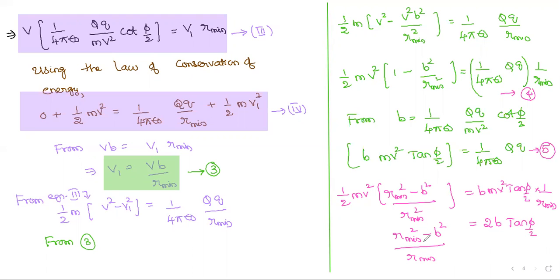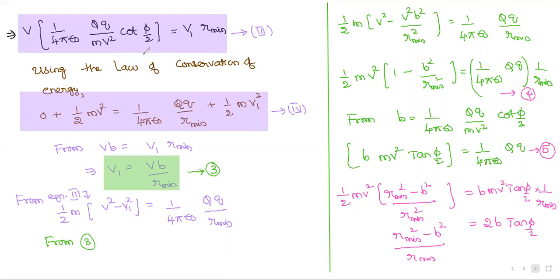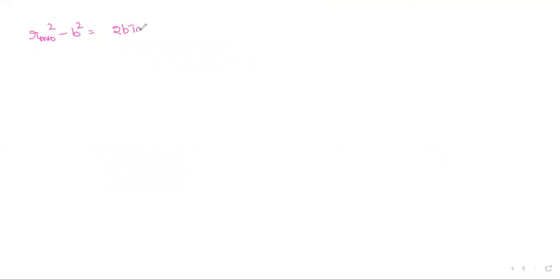So if you cross multiply and rearrange, you will get one quadratic equation for r minimum. So you will get here r minimum square minus b square equals 2b into tan phi by 2 into, if you take cross multiplication, r minimum over here.